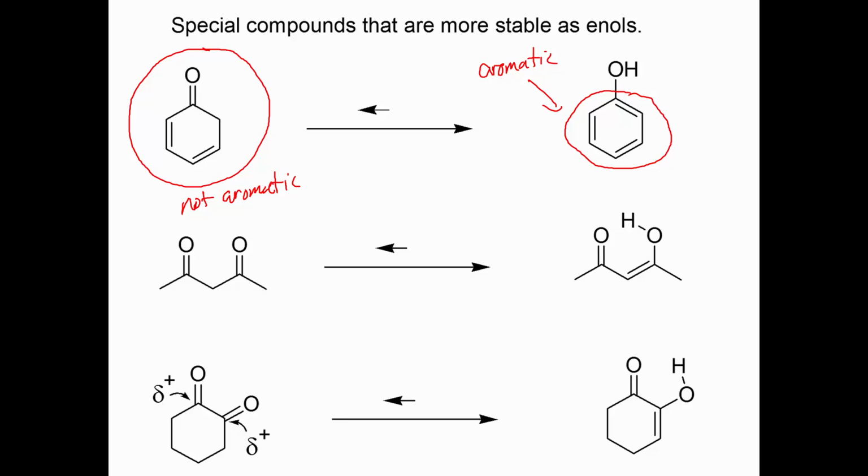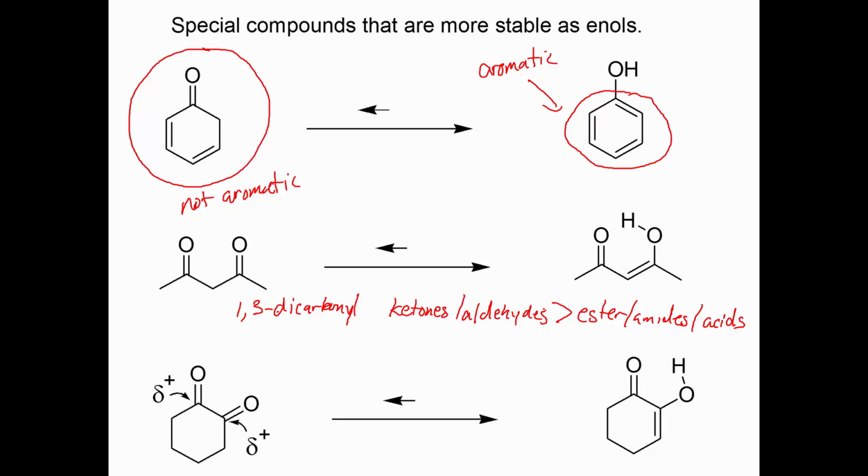Okay, all right, 1,3-dicarbonyl compounds have a lot of enol character, and this enol character is highest for ketones and aldehydes, which is much higher than esters, amides, and acids. Okay.